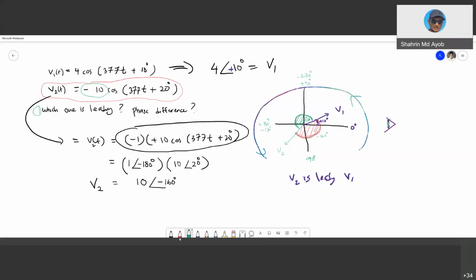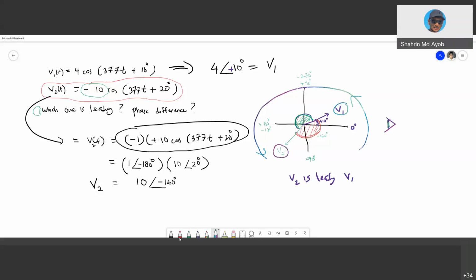Okay. So if I say that V2 is leading V1, meaning I will see this one come first, and then I will use this phase difference, and after that I will see V1.